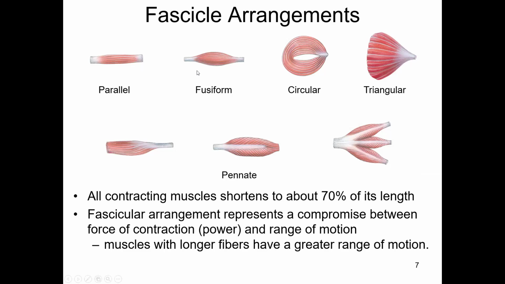Fascicular arrangement can add muscle cells towards the middle of this muscle, and so the fusiform muscle will be thicker in cross-section than the parallel arrangement, and more muscle cells will create more force. So in the same physical location, we can jam-pack more muscle cells to create a fusiform type of muscle. This is seen in the biceps brachii.